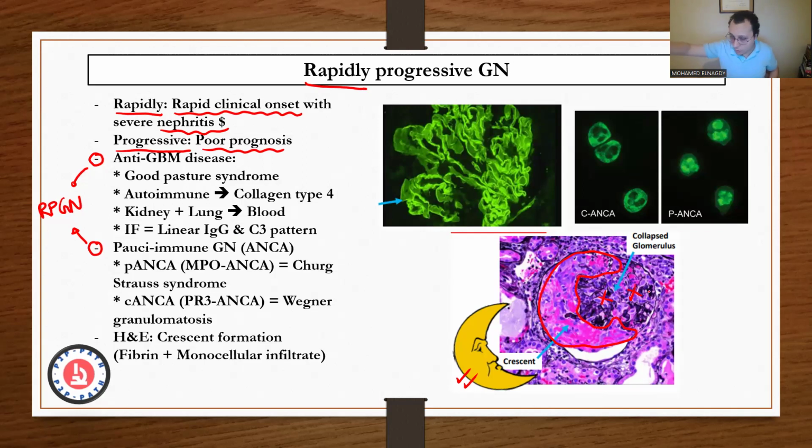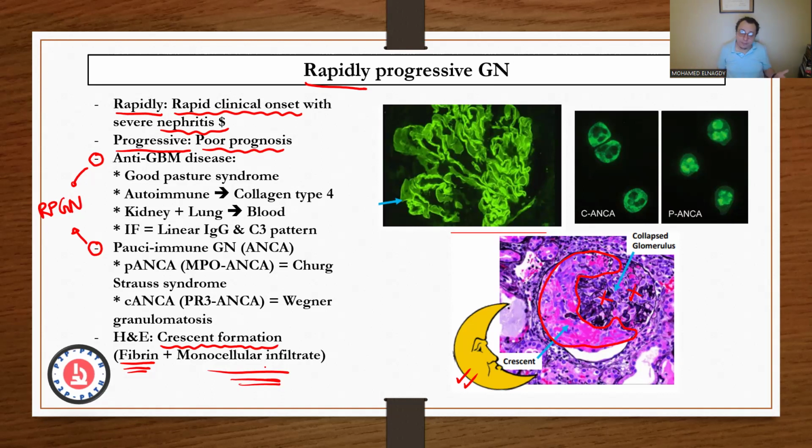It's going to be gone in a while. You will see this crescent, the structureless necrotic area of the glomerulus, which we call glomerular crescent, by H&E. Very high yield, very important picture. This crescent is usually made of necrotic tissue plus fibrin plus some mononuclear infiltrate like monocytes, macrophages, some inflammatory cells, and these kinds of things. That's crescent formation. When I see crescents, well, that's rapidly progressive glomerulonephritis.